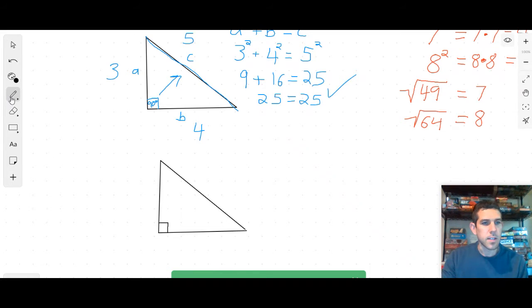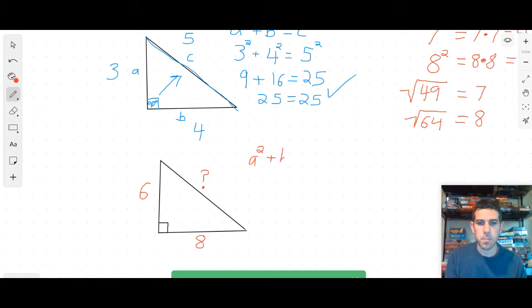Okay, so now let's give ourselves some side lengths. Maybe I say that this side here is 6 and this other leg is 8. But I'm not going to tell you what the longer hypotenuse is. Can we figure it out? Well, this is where we're going to use our a squared plus b squared equals c squared theorem.